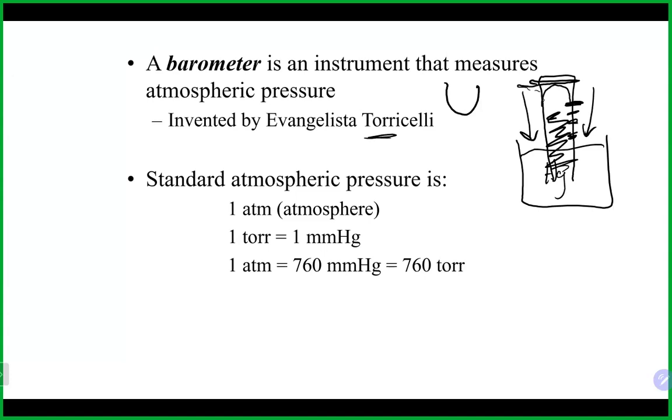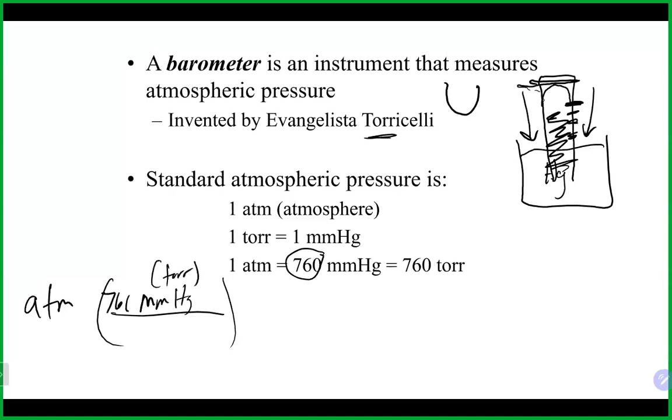But the relationship is that 1 atmosphere is equal to 760 millimeters of mercury and 760 torr. That means 760 is an important number. If you have atmospheres and you want millimeters of mercury, or torr, which is kind of the same thing, you're going to multiply by the 760, and that will get you your millimeters of mercury or your torr.